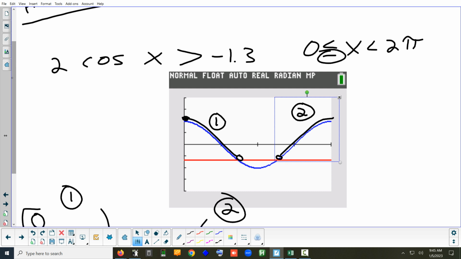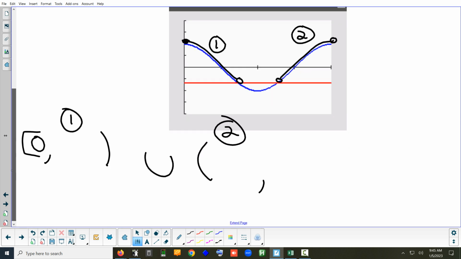The right edge: 2 pi. Do we include 2 pi or do we not include it? There's no equal to under that symbol, so no, you do not include that value because it said not to.